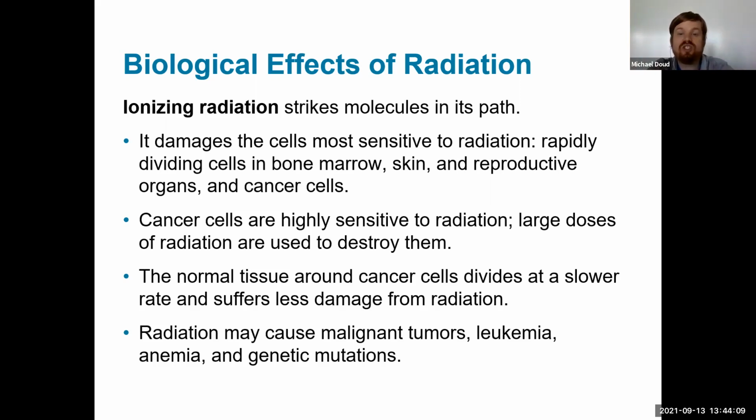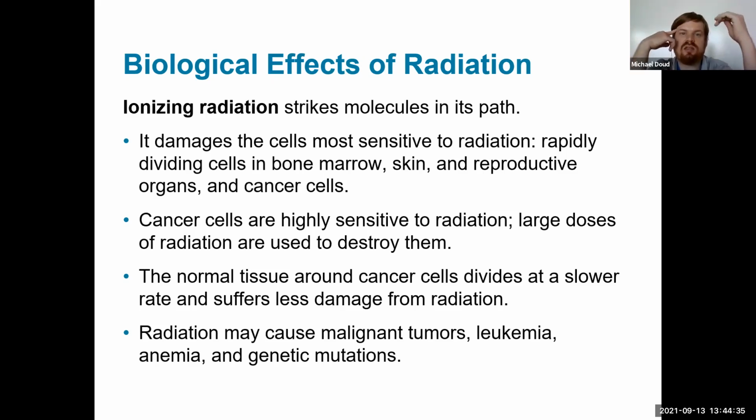If you ingest radiation, it's going to damage your most sensitive cells, which tend to be the most rapidly dividing, because those require the most resources. So the blood is going to flow there and give more of the radioactive material. Bone marrow, for example, skin, reproductive organs, and cancer cells.